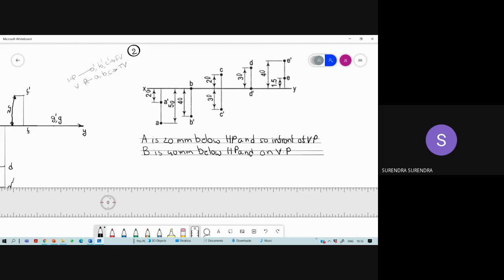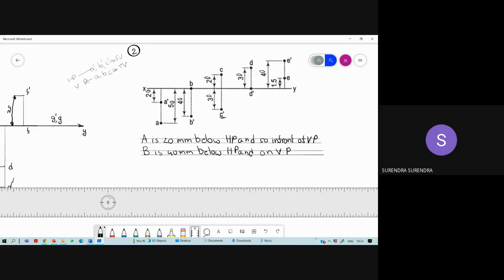What about point C? I'm not writing from here. If you want, write it down in the running notes. I'm just explaining. Point C: first the front view.